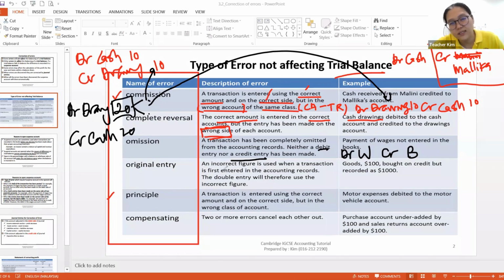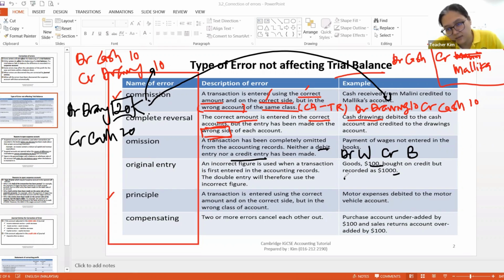Error of original entry: an incorrect figure is used when the transaction is first entered in the accounting record. The double entry will therefore use the incorrect figure. For example, the goods that we bought, 100, bought on credit but recorded 1,000. We accidentally put an extra 0 at the back.